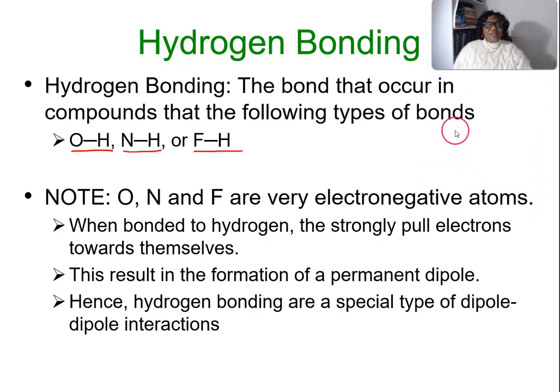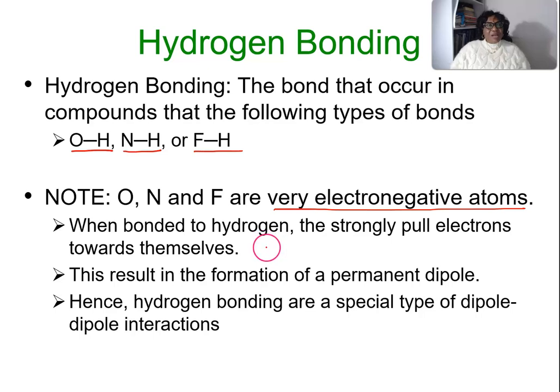Why is it that the compound must have these three types of bond? The reason is that oxygen, nitrogen, and fluorine are very electronegative atoms. When bonded to hydrogen, they strongly pull electrons towards themselves. They pull the bonded electrons towards themselves. Hydrogen is going there to bond so that it can share electrons and fill its orbital with 2 electrons.